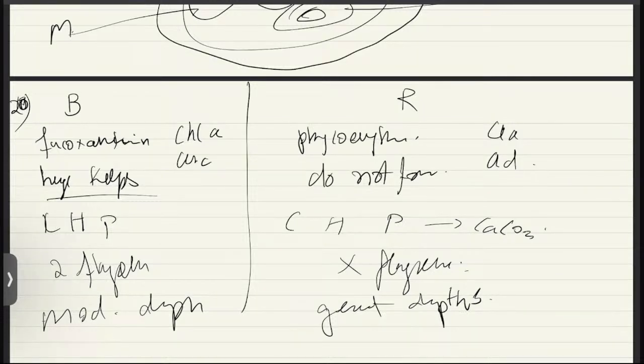Go and learn that table, towards the end of your algae chapter topic. It gives the difference between red, green and brown algae. So you should go and read that table which is given in NCERT. Okay.